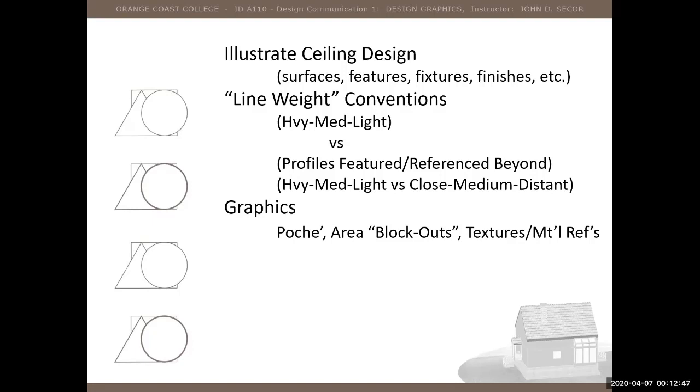Of course, we're going to want to use the same ideas of poche and all the other things that we've been doing in the class assignments relative to the title blocks and all those things. So we'll want to keep all those consistent with the previous work that we've done.